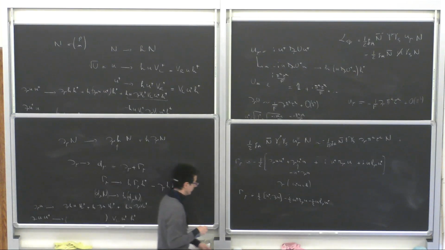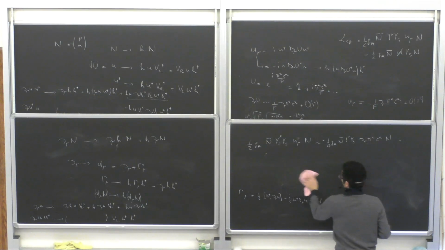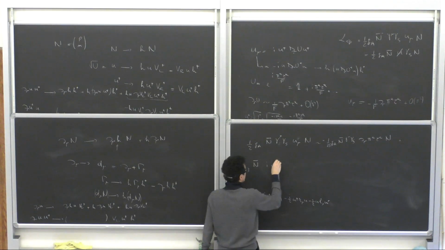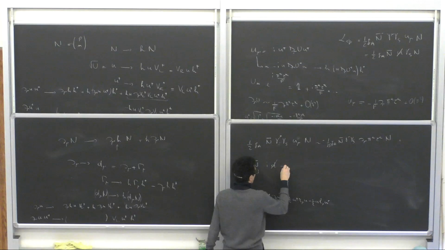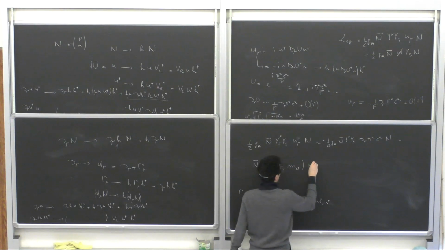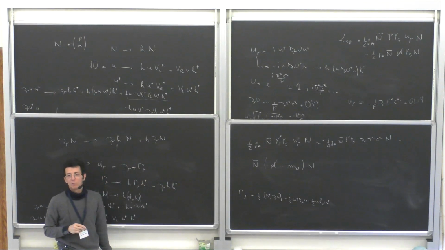So another term in the effective Lagrangian, the kinetic term, will be like that: N bar (i D slash minus M nucleon) N. Okay, this is a term of the effective Lagrangian.